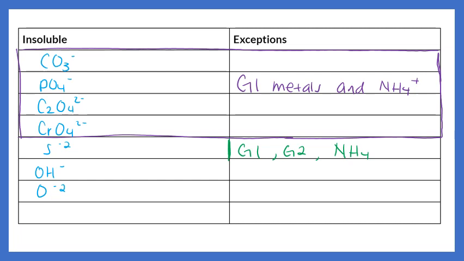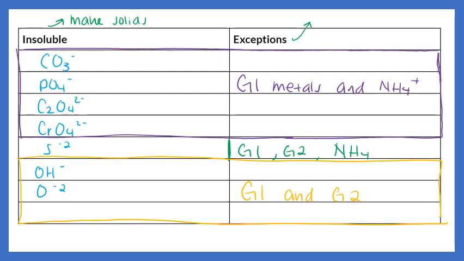And then lastly, OH and oxide are insoluble, or become soluble, when they are bonded to group 1 and group 2. So these are the compounds that make solids.